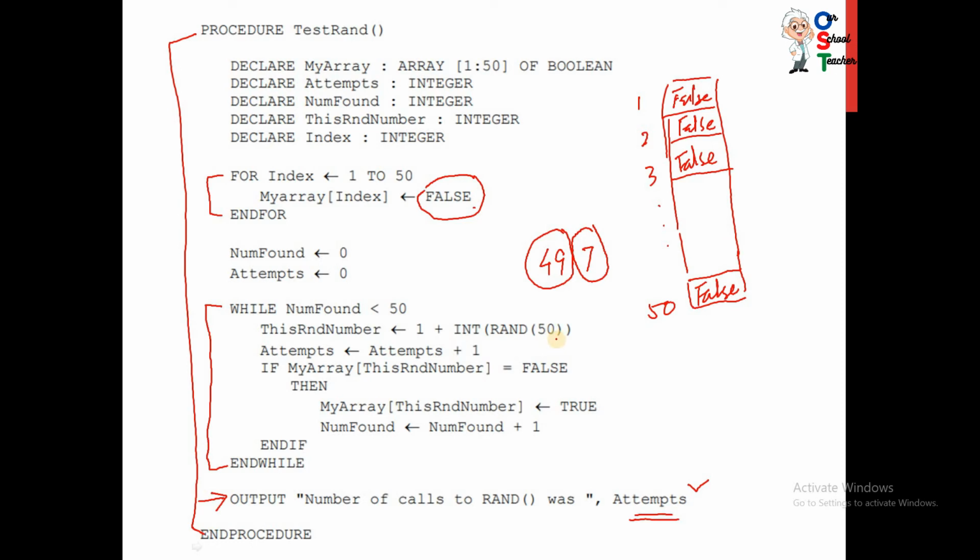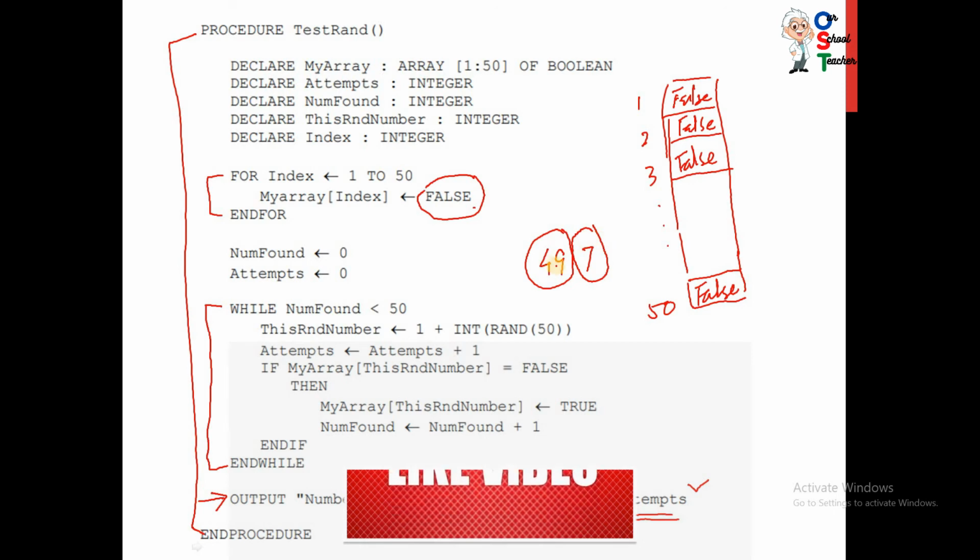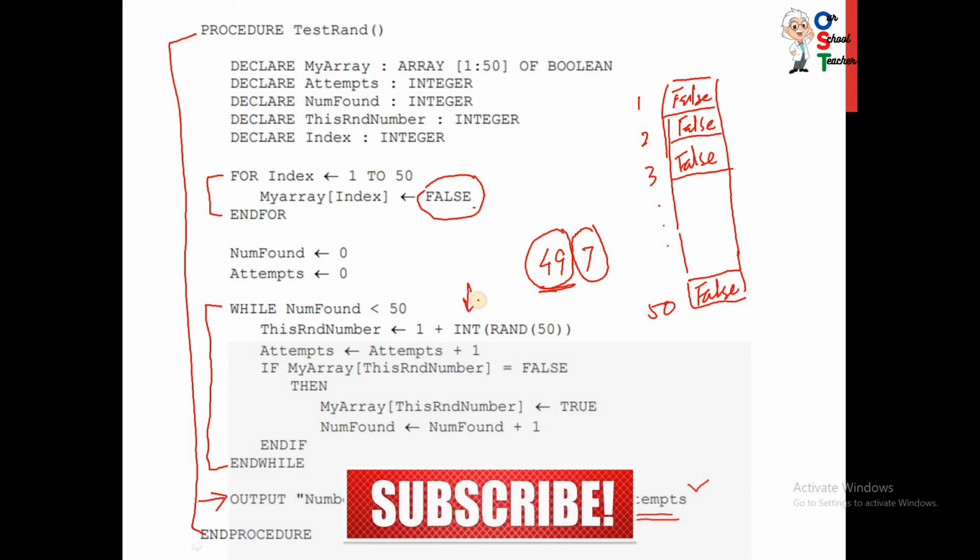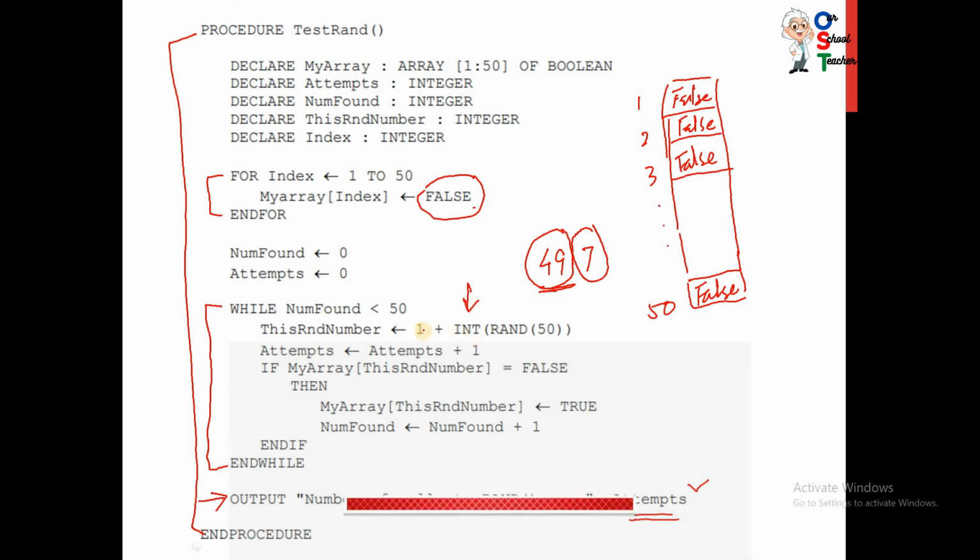So a 0 to 50 value will be generated, for example 49.7 or 49.8. If it becomes 49 because of this int function, then 1 will be added, and the element which will be addressed, that will be 50, this RND number.